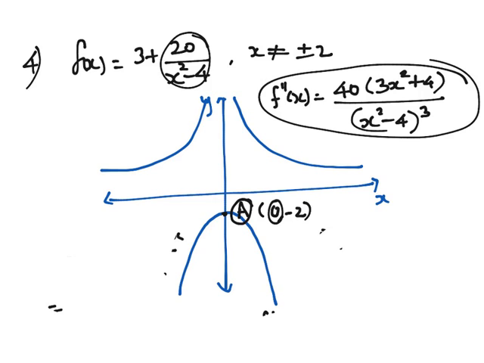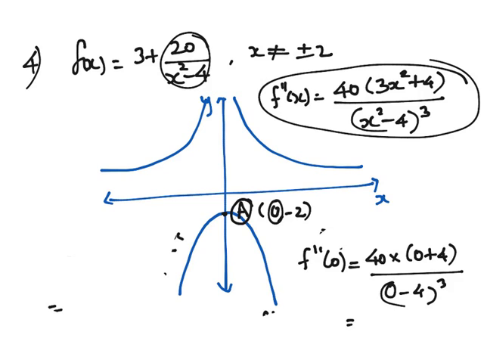I hope you recall that we can find a local maximum value using the first derivative test or using a second derivative test. Now we already know the coordinates of A, right? And they have already given the second derivative. So let us substitute the value of x in the second derivative and check whether it is positive or negative. So f double dash of 0 is 40 times 0 plus 4 by 0 minus 4 the whole cube.